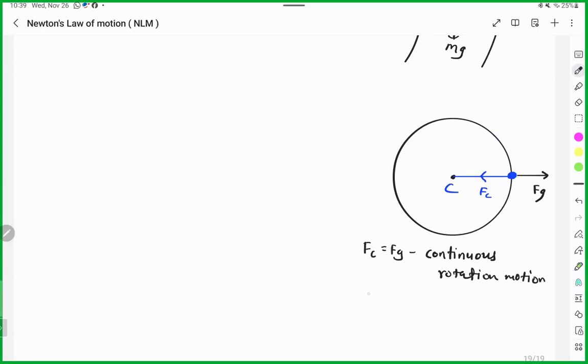If centripetal force is more than centrifugal force, inward movement will happen toward you. And if centrifugal force is more than centripetal, it will go away. Like if you release it from your hand, it will go away, right? Why? Centrifugally.